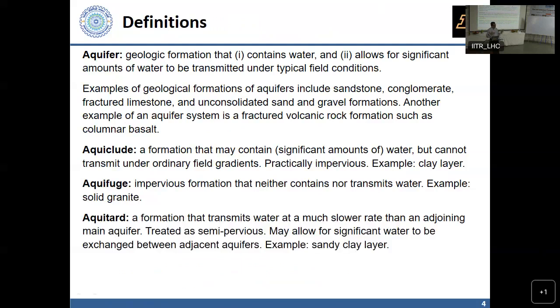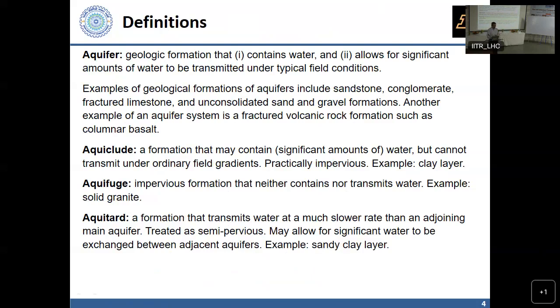Most of the time, you're hoping that gravity will do most of your work for you. Okay. If you have to expend a lot of energy to move water, then that aquifer is not very useful for us. Okay. There are many examples of such geologic formations: sandstones, conglomerates, fractured limestone, unconsolidated deposits, and so on.